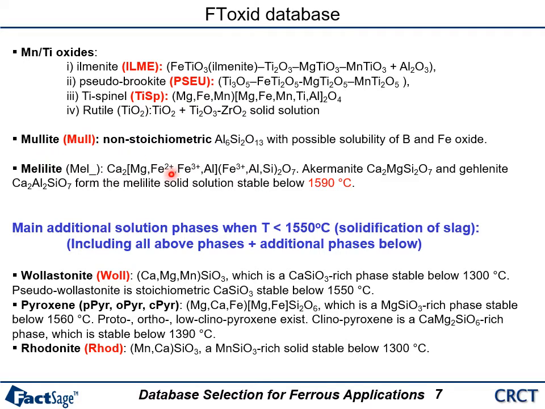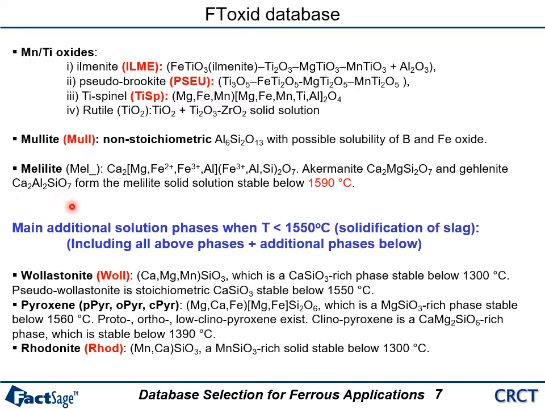And when you typically do the solidification of the slag, many blast furnace slags end up as a melilite mineral phase during solidification. Melilite is typically a combination of akermanite, Ca2MgSi2O7, and gehlenite, Ca2Al2SiO7, solid solution.